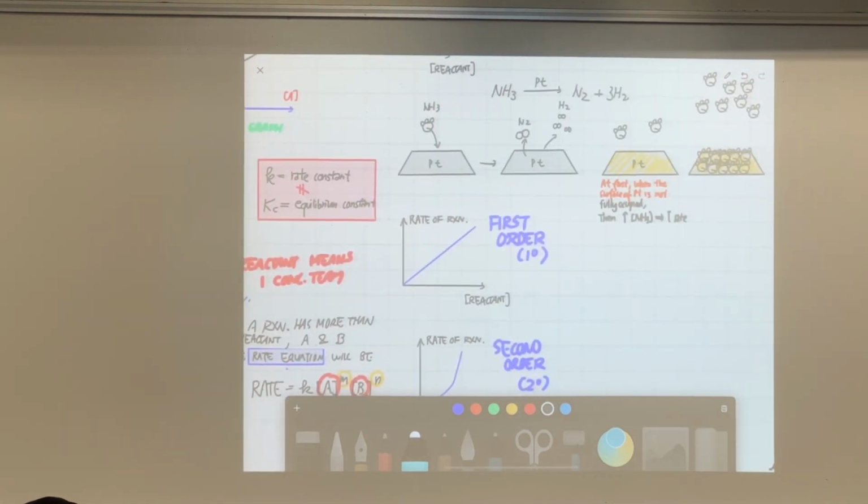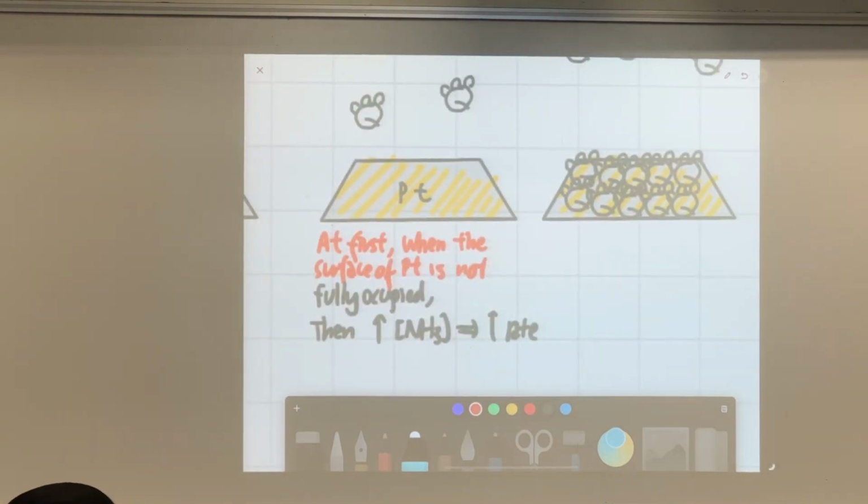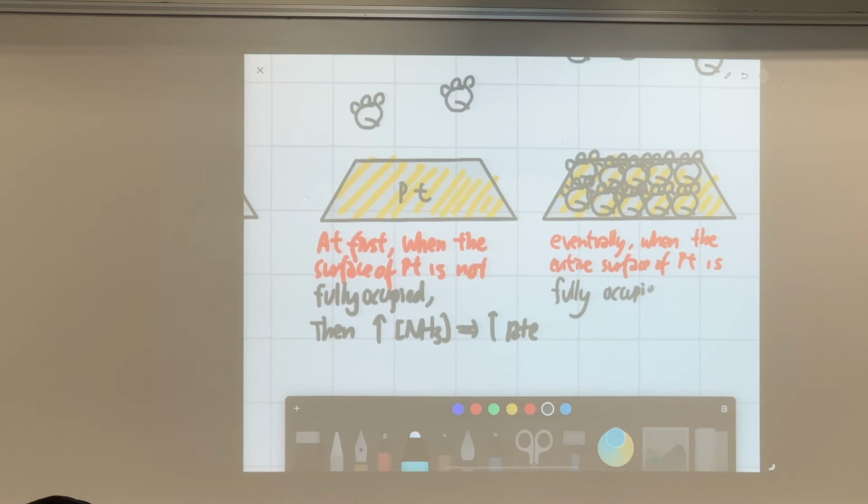So you can put down this statement. Okay, eventually, when the entire surface of Pt is fully occupied, then increasing ammonia concentration further will have no effect on rate.